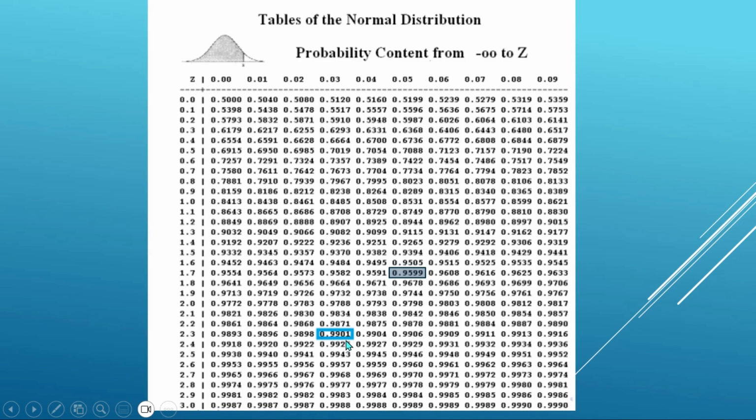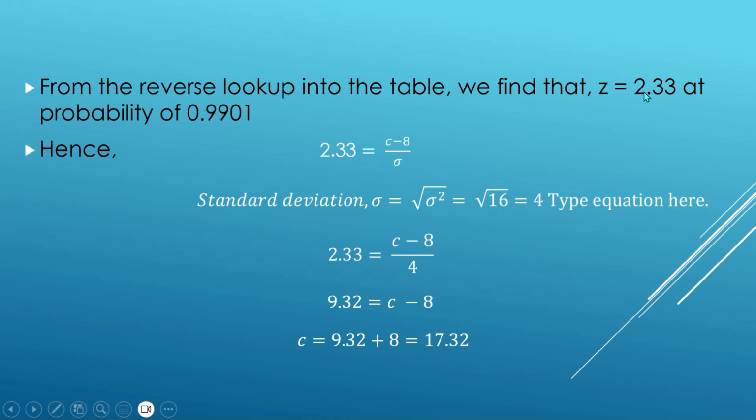So, if we reverse lookup, we have to look at the value of z over here. We try to find the value of z, which is 2.3 here. So, z is equal to 2.33 at a probability of 0.9901.